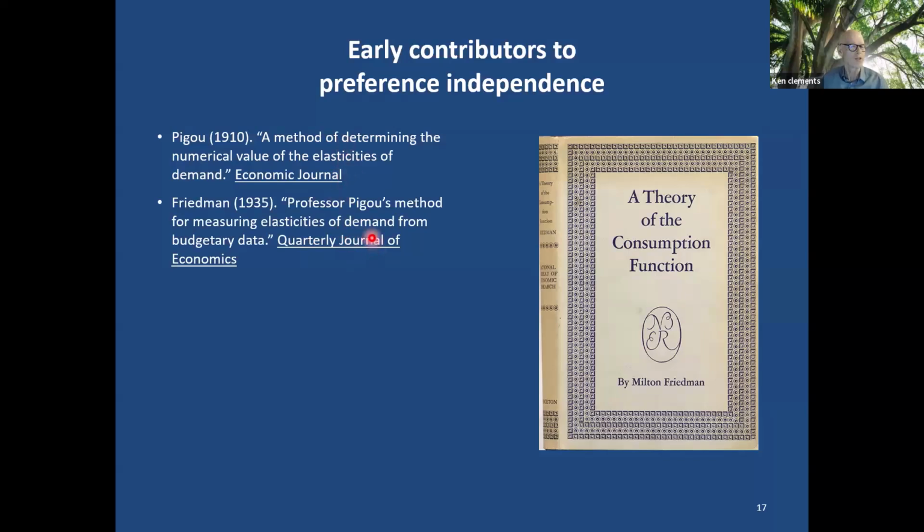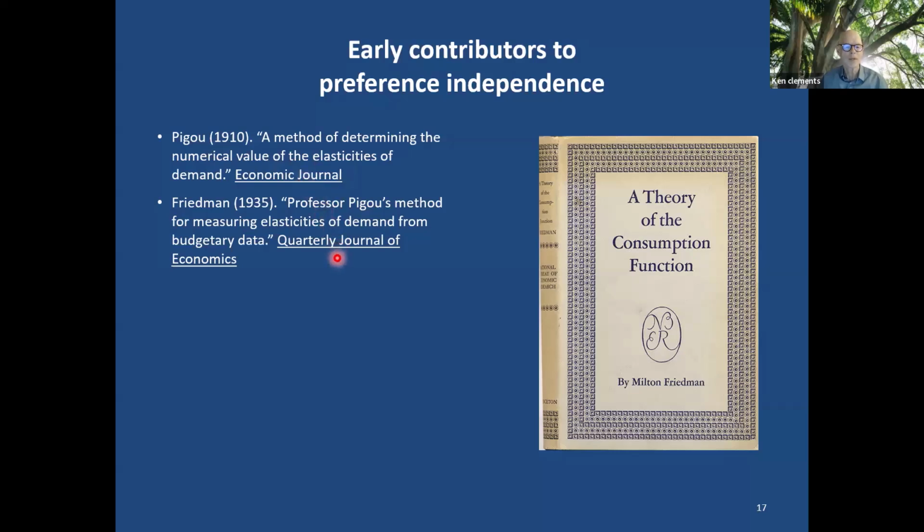In fact, it was a criticism of Pigou's article. Friedman originally submitted it to the Economic Journal, and Keynes, the then editor, asked Pigou to referee it, and Pigou declared that this was rubbish, and Keynes went on to reject it.